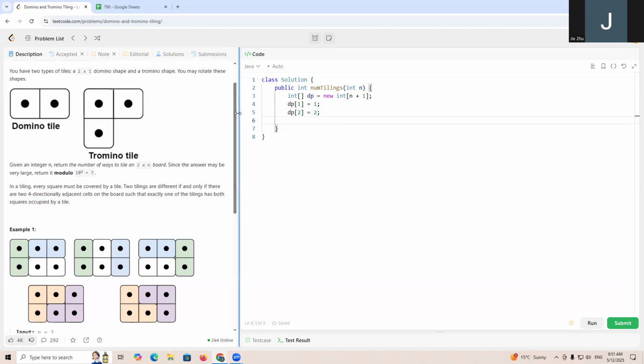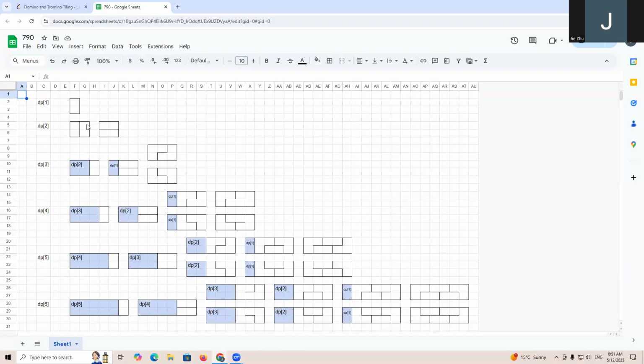So let's look at how we can derive those dp[i] from previous states. I draw a graph: dp1 is one vertical, dp2 is two vertical and two horizontal.